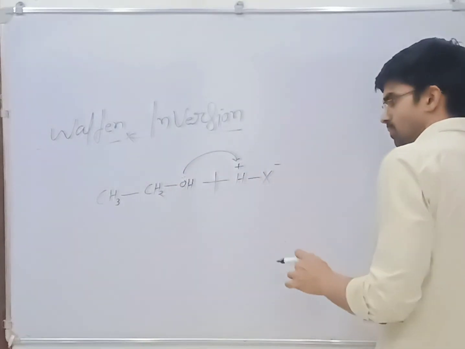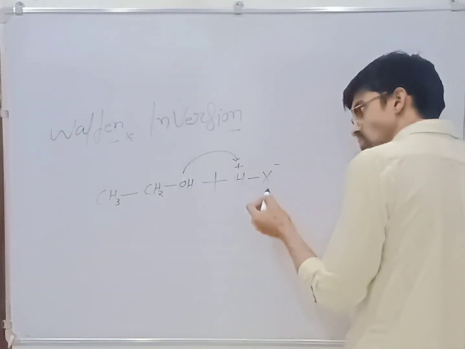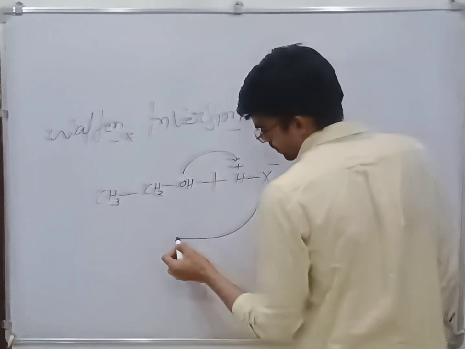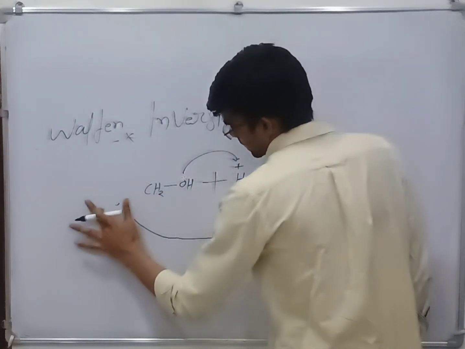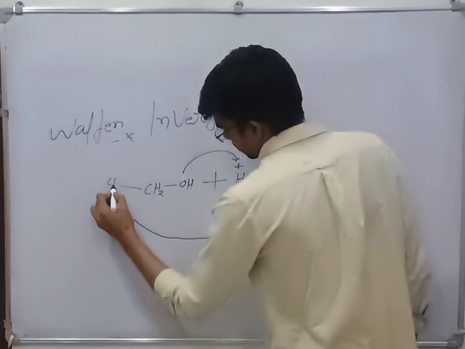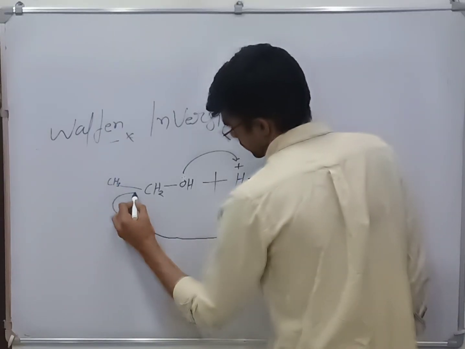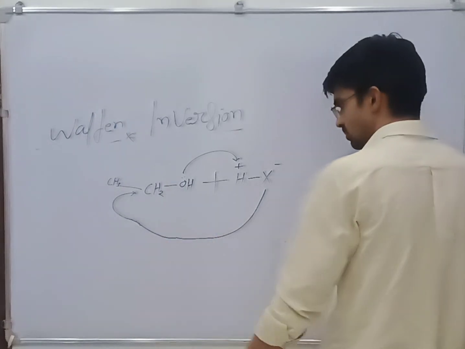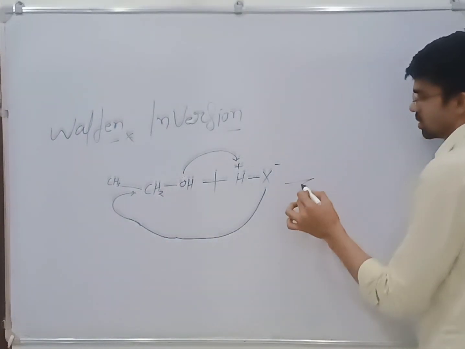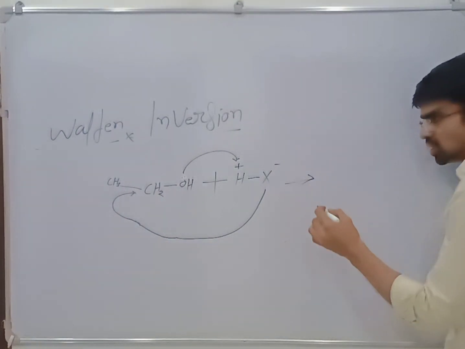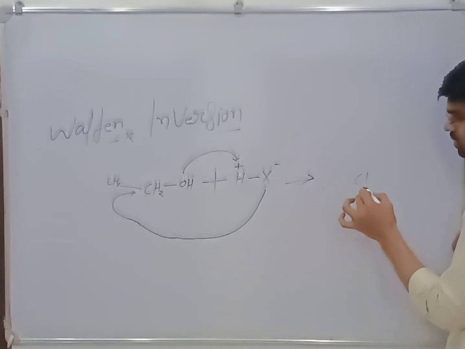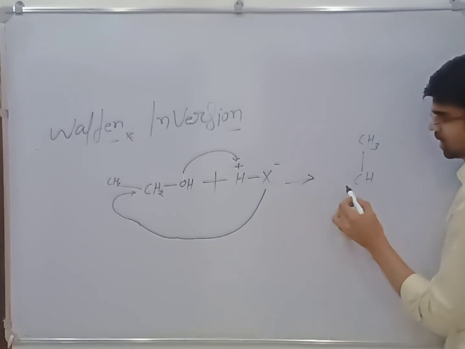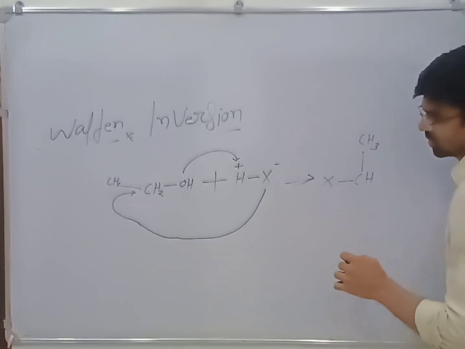Here what happens? X can attack the carbon only from the rear side. This CH3 is on the back side of this carbon. So in the product formed, only the inversion product we can form. CH3, and here X will be there.